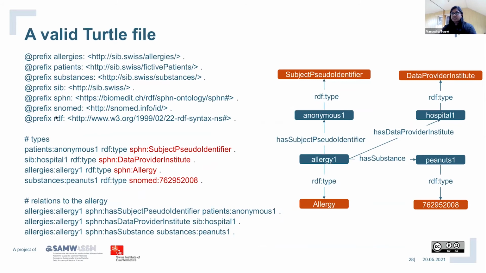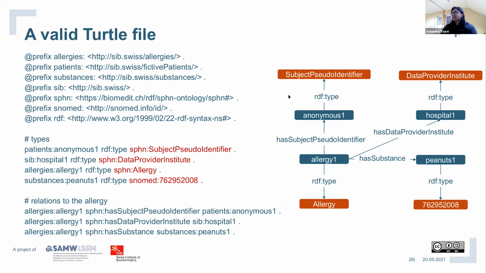If you decompose it, you have on top the prefixes that define the different namespaces that you can use. So for example, we choose to have allergies for the siv.switch/allergies IRIs. And then below that, we have the different data instances connected to their type. So anonymous one is of type subject pseudo identifier.